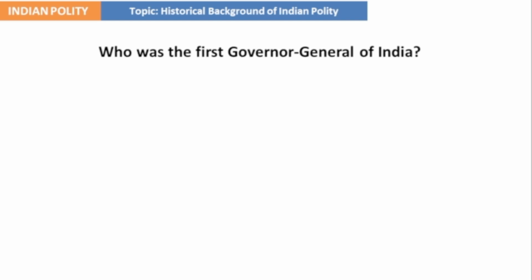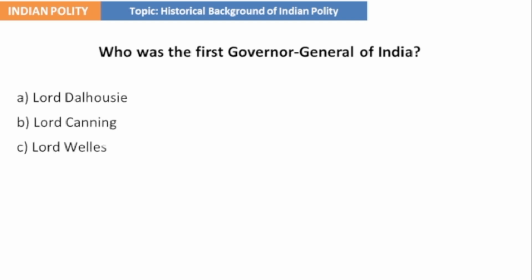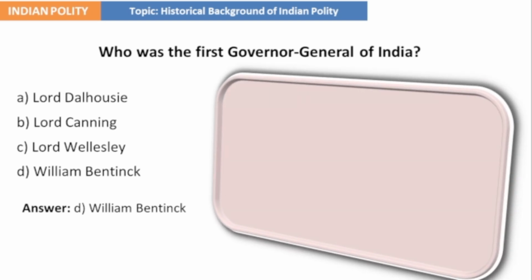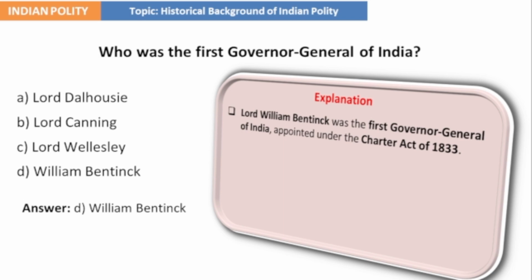Who was the first Governor General of India? Right answer is option D, William Bentinck. Lord William Bentinck was the first Governor General of India appointed under the Charter Act of 1833.